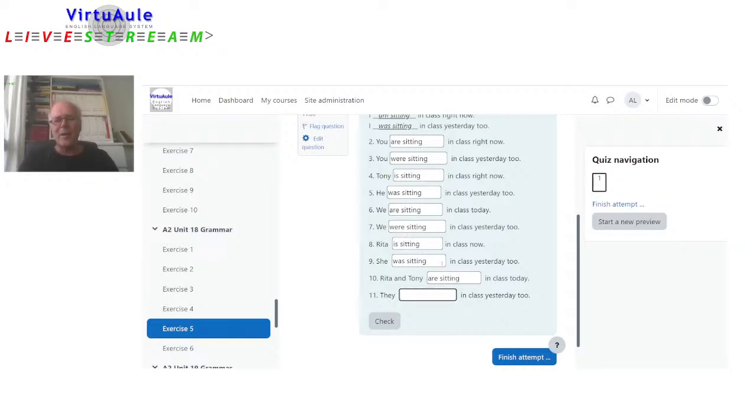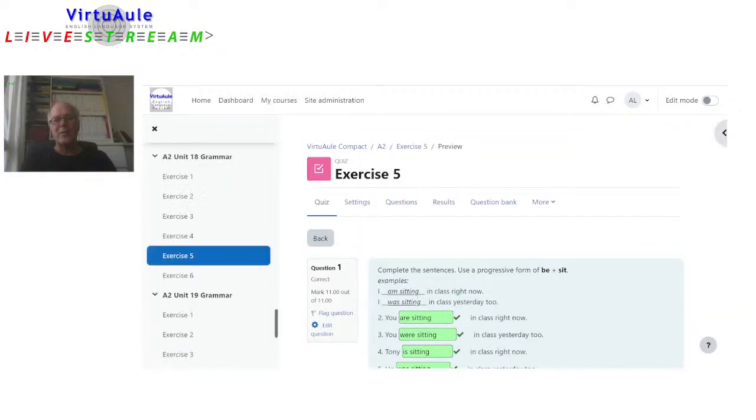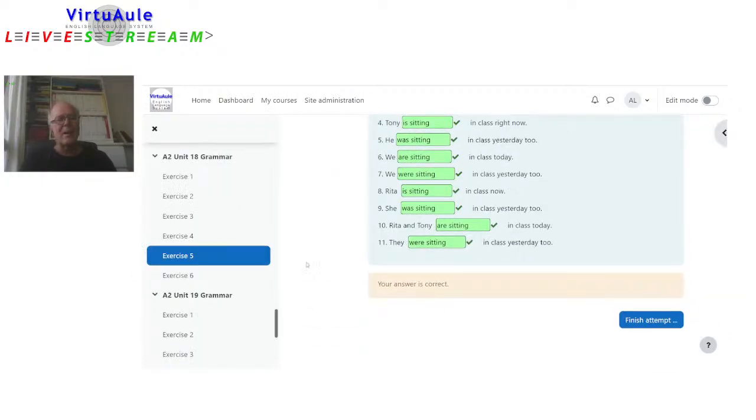I'm using the double T for sitting. Notice that. If you don't understand that, go back and look at the lesson about the adjectives with the doubling letter. That's also the simple past tense. Regular verbs, they double. They were sitting in class yesterday too, and you can check this for the answers. You'll see that they're all correct.